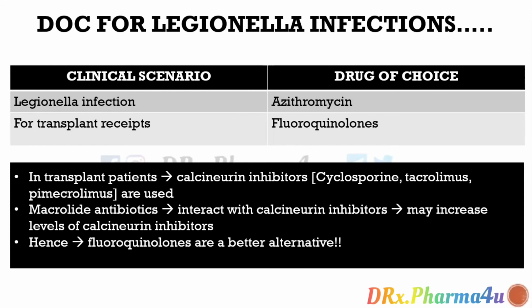So if macrolides are used with calcineurin inhibitors, the plasma drug concentration of the latter may increase. That is not favorable. That is why fluoroquinolones are used in transplant recipients for Legionella infections.